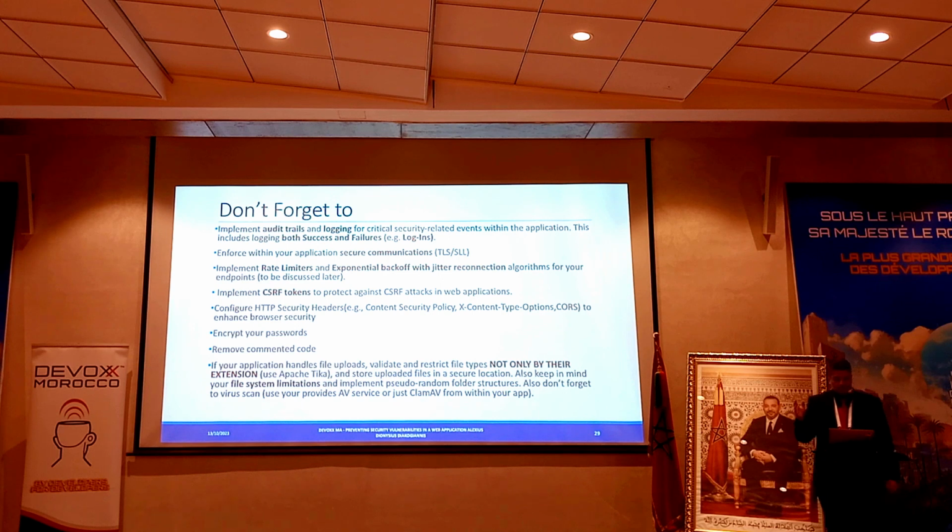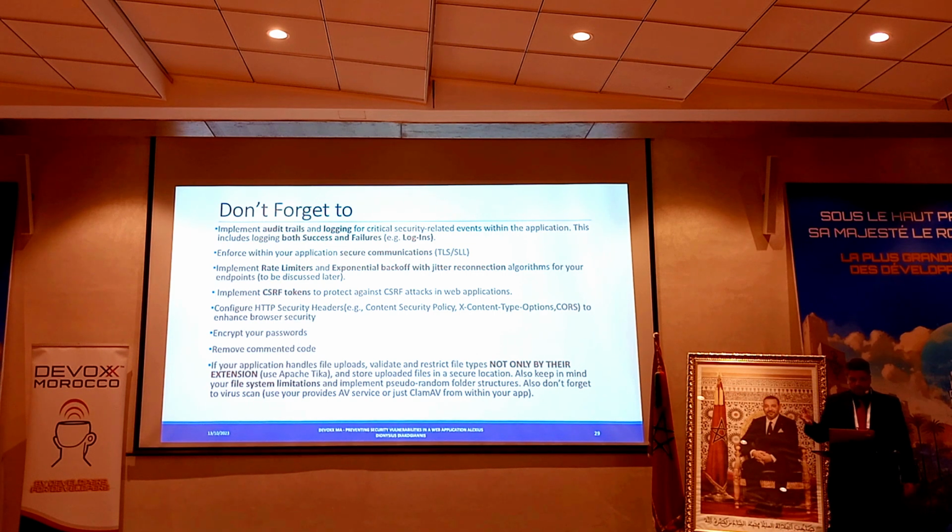Don't forget the audit trail, of course, and audit both successes and failures when the user logs in. Of course, enforce secure communication, implement rate limiters and exponential backoff with jitter, which we're going to discuss on the next slide, which is equally important.